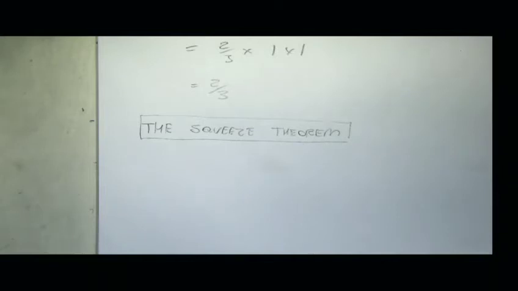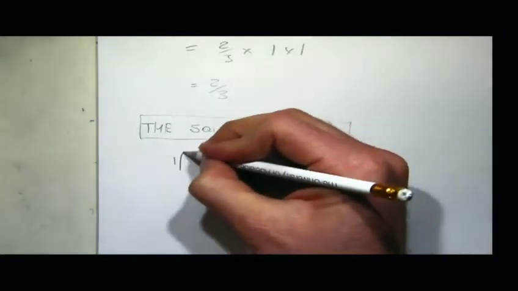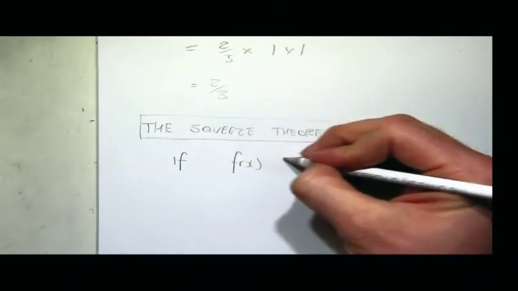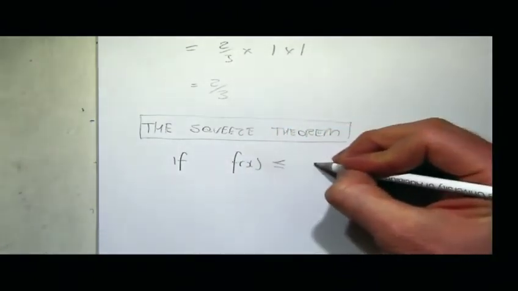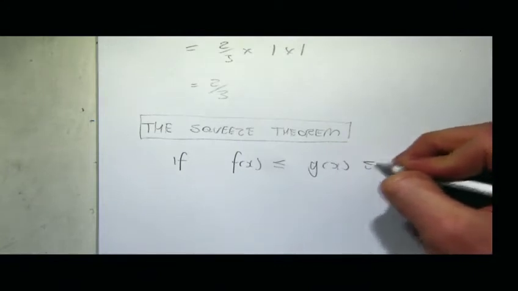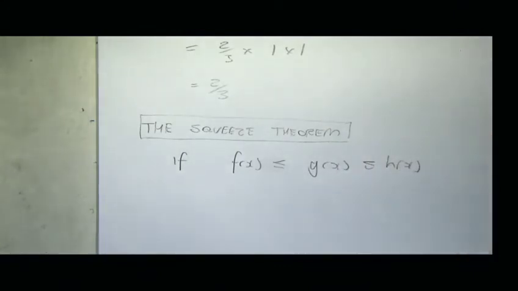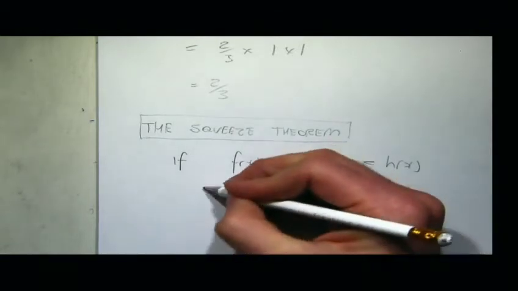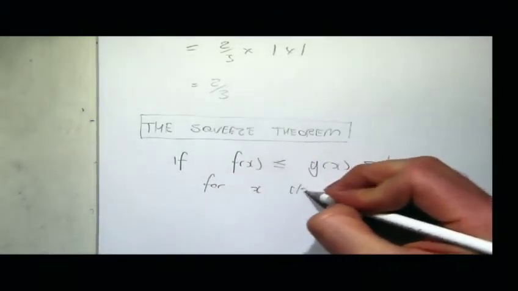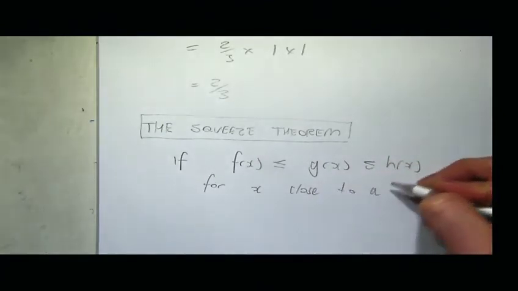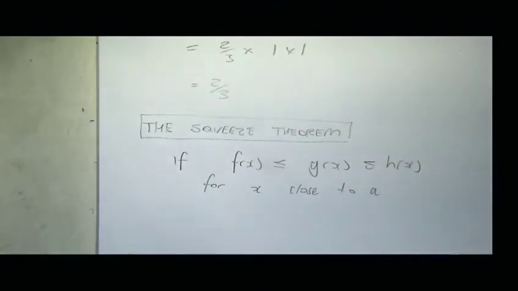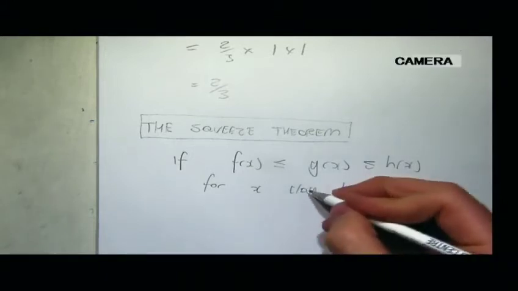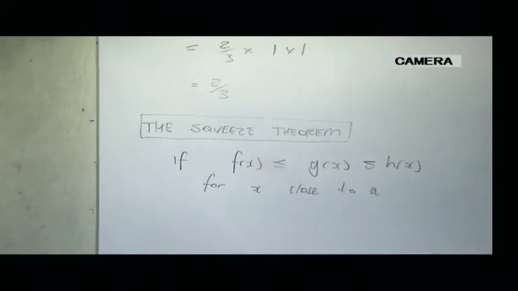So it goes like this. If f of x is between g of x and h of x like that, for x close to some point A, whereby close to we mean, well, as close as you need it to be, but not technically equal to A, you don't care what happens there.